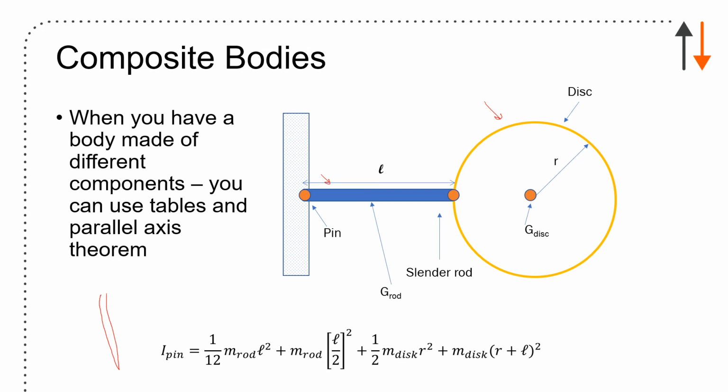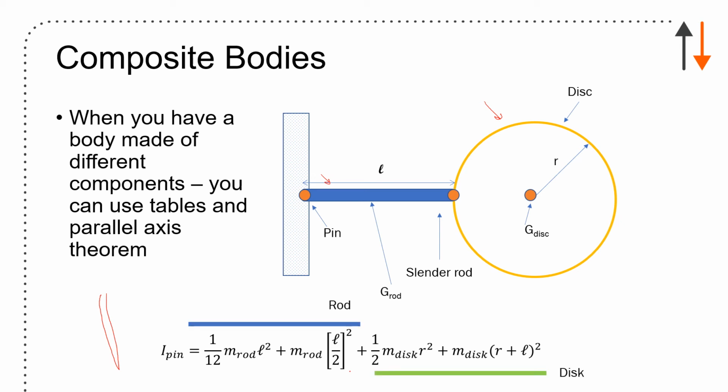So substituting in terms, using the parallel axis theorem, you end up with this expression right here about the pin: 1/12 m r squared, which is for a long slender rod, plus m rod times (L over 2) squared, parallel axis theorem, plus 1/2 mass of the disk times r squared, which is again for a thin disk, plus mass of the disk times (R plus L) squared, which is parallel axis theorem.